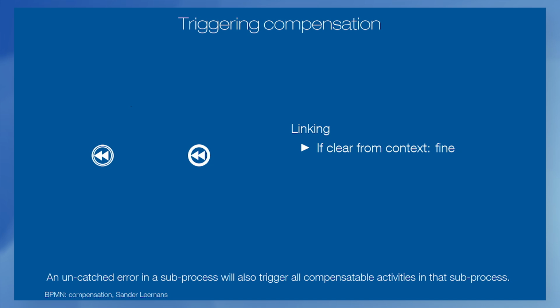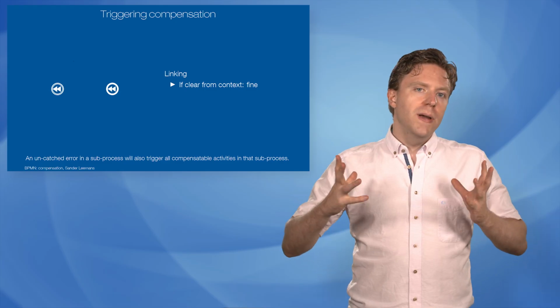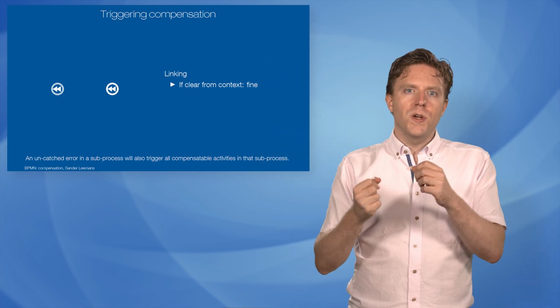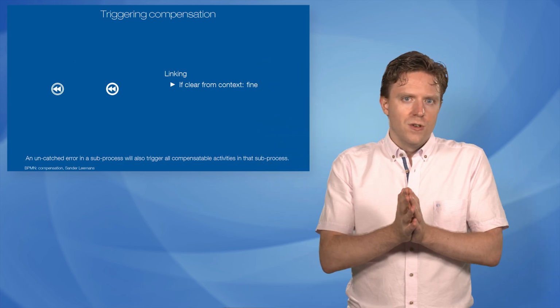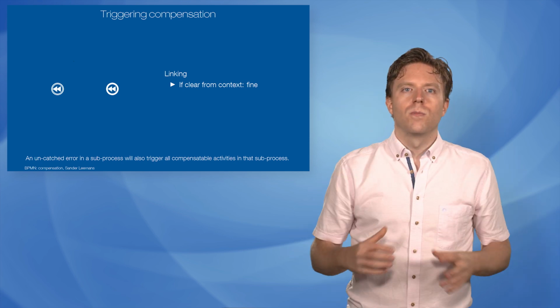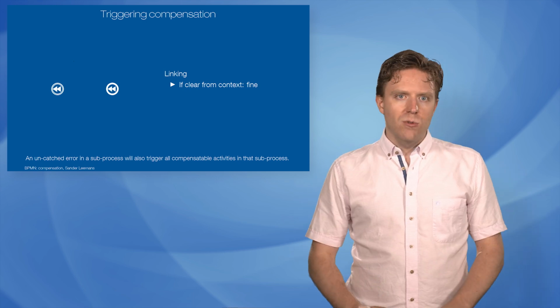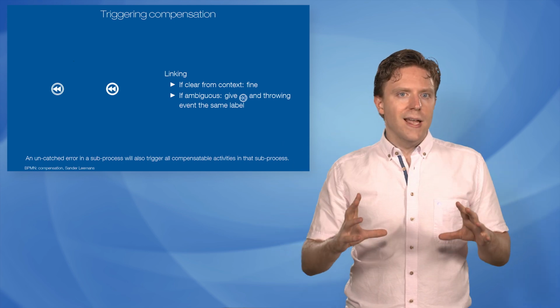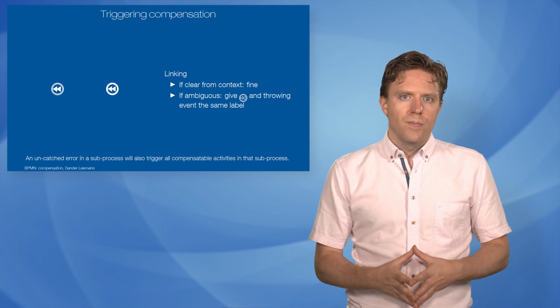However, if it is unclear or ambiguous which compensation you throw and which activity captures it and is compensated, then please use a label. If you use labels, that means that only those with that label will be compensated.